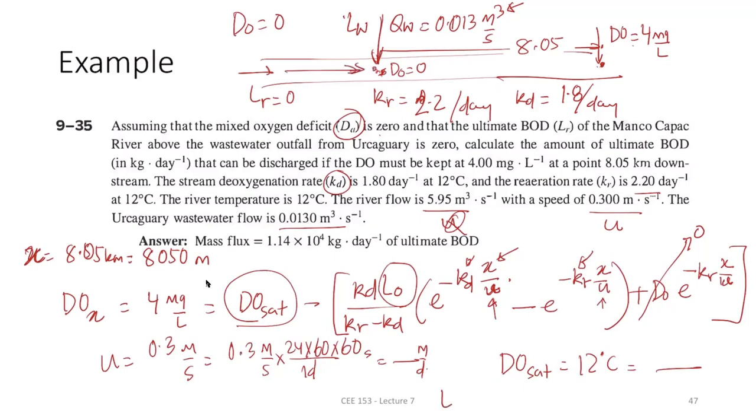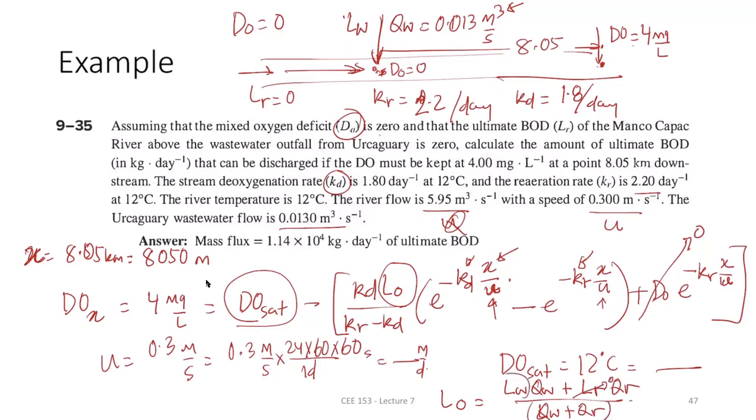So L0, you know this one before, LW QW plus LR QR divided by QW plus QR. And again, the river doesn't have any BOD, so this term is 0.